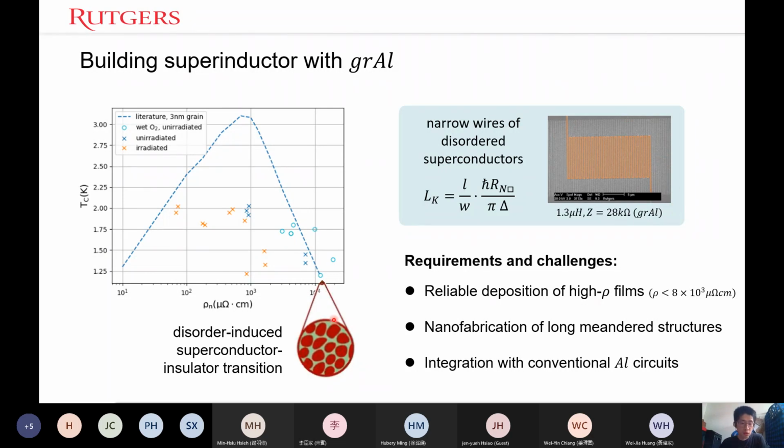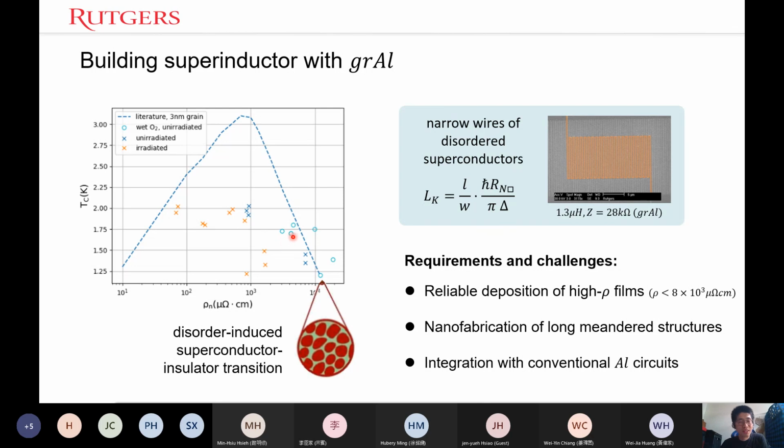This left panel shows the dependence of the superconducting critical temperature on the normal state resistivity of this film. The TC of our film has some functional dependence on the resistivity, but the reproducibility is not that good, because this is a semi-log scale and any scattering on a semi-log scale is not good.